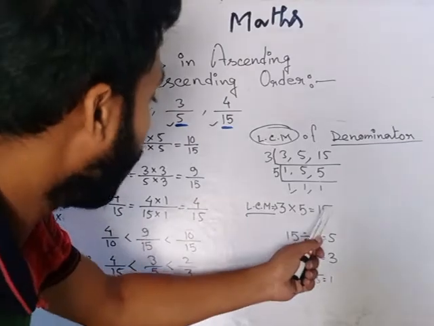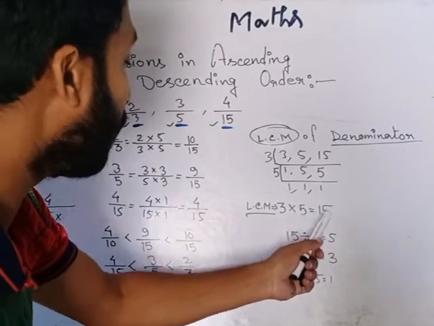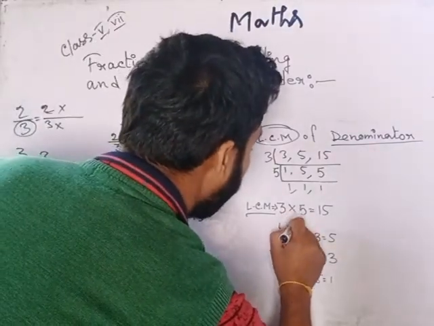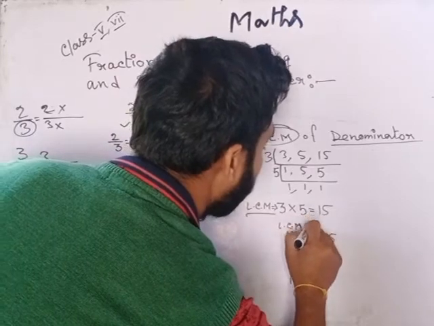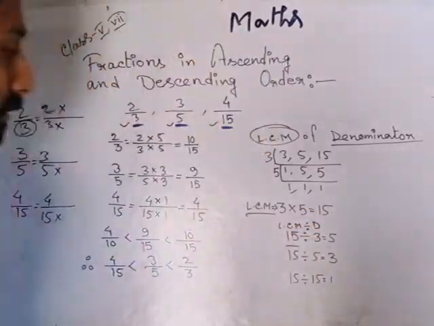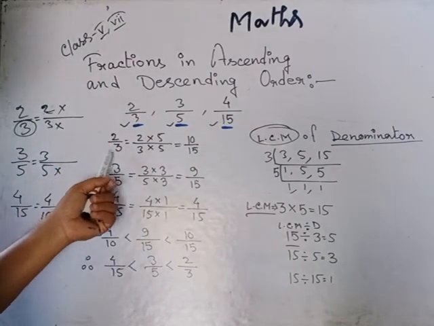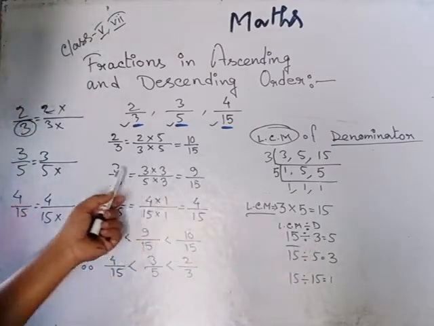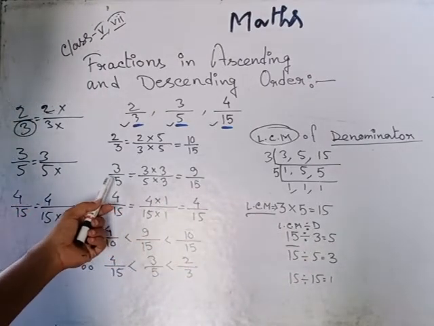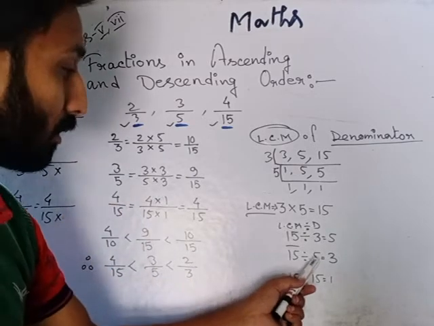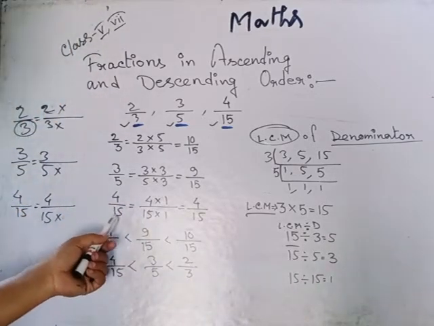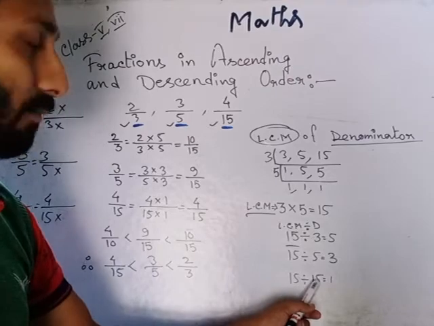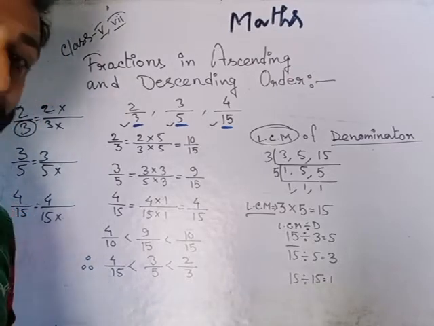That means the LCM is divided by the denominator. The denominator of the first fraction is 3, so we divide by 3. The second fraction's denominator is 5, so we divide by 5. The last one has 15 as the denominator, so we divide 15 by 15.